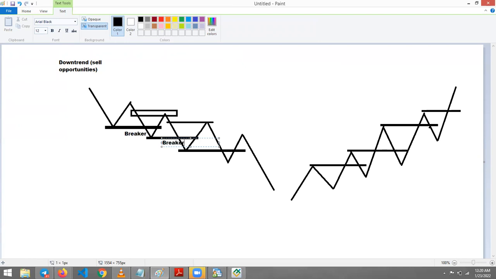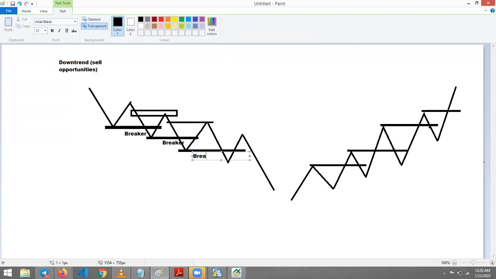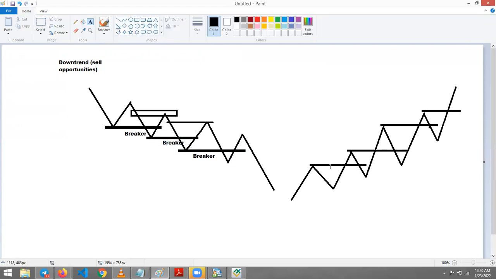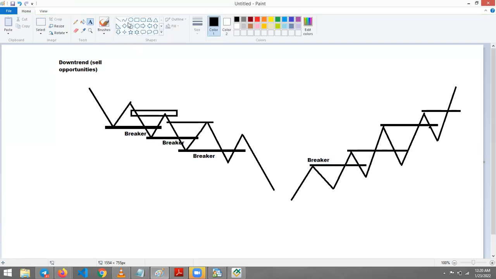Yeah, so the breaker works hand in hand with market structure. If you're analyzing the markets and you don't see a breaker, just leave that setup because you won't know where price is going to go. So the breaker helps you confirm direction. All these are breakers.